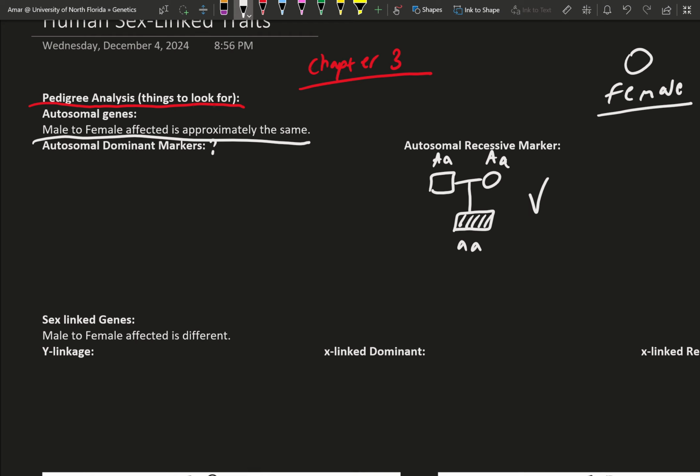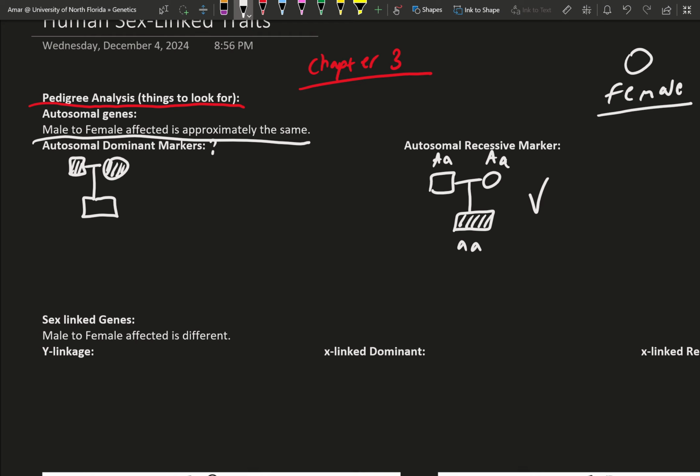Okay, so it's pretty easy for that. But then the autosomal dominant marker is basically flipped. So for the autosomal dominant one, let's say we have a male and a female crossed together. They have the same son. But now we're going to say that the male and female are affected with the trait, and their son is not affected with the trait at all. So this will be a marker for autosomal dominancy.